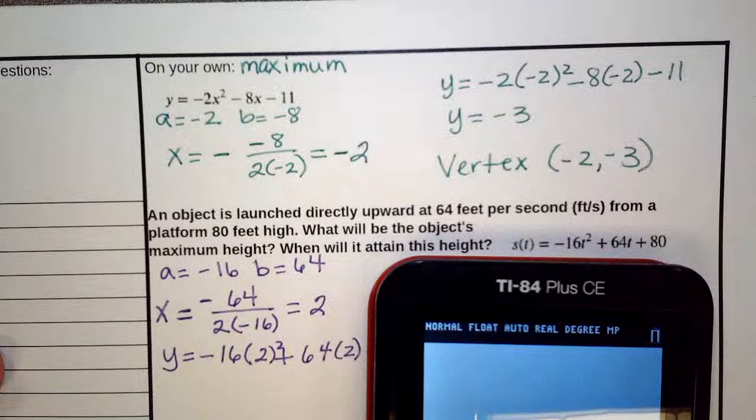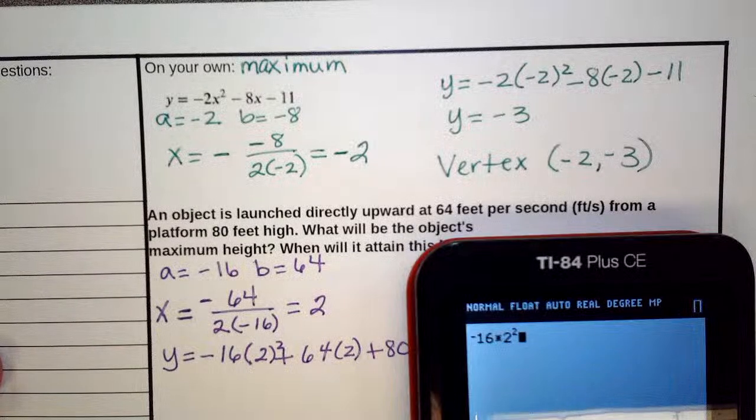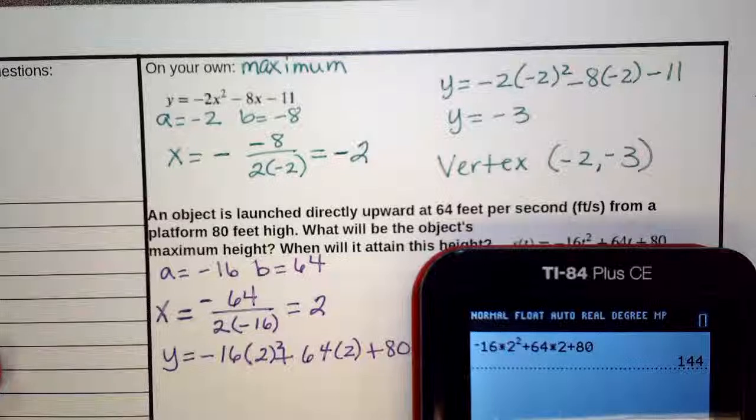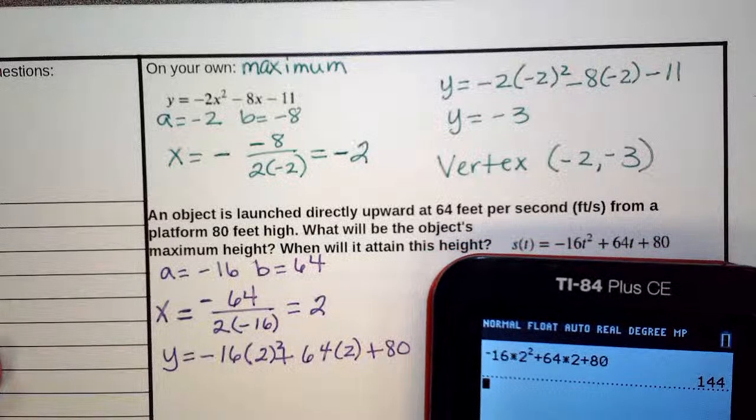I'm going to have to clear that. -16 times 2 squared. I could have put in 4 because I know what it is. Plus 64 times 2 plus 80. And I end up with 144.